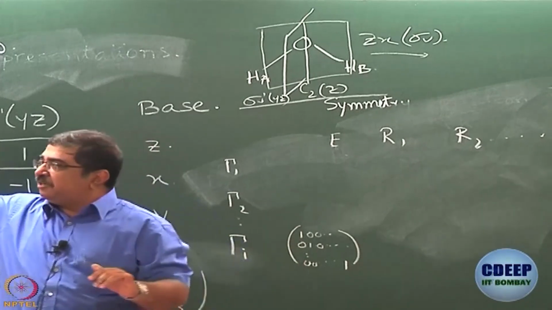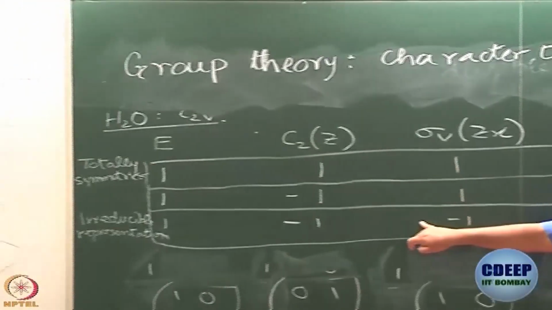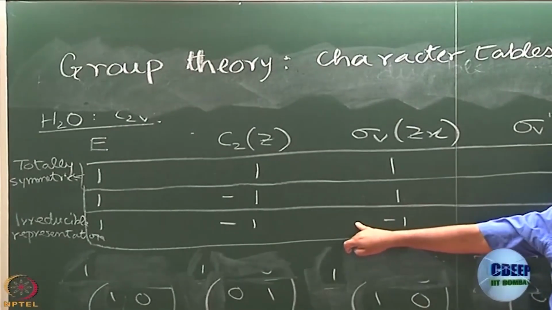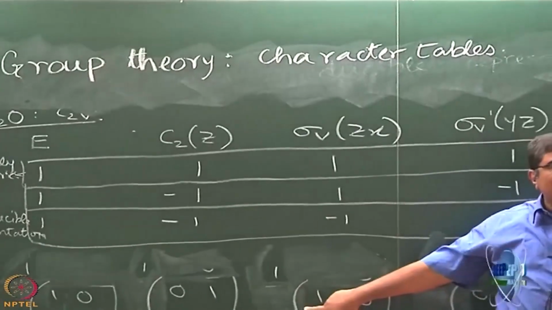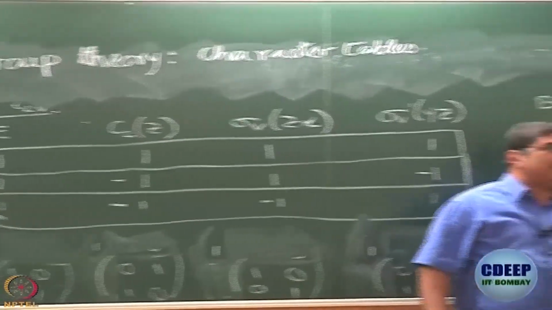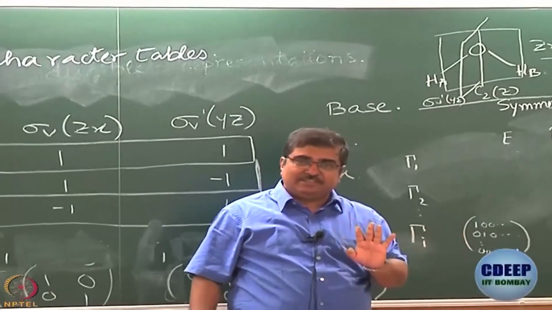So, dimensionality of these matrices is 1. So, these representations are one dimensional representations. Dimensionality of the matrices here is 2, so it is called a 2-dimensional representation. Whether it is reducible or irreducible, that will come later, okay.